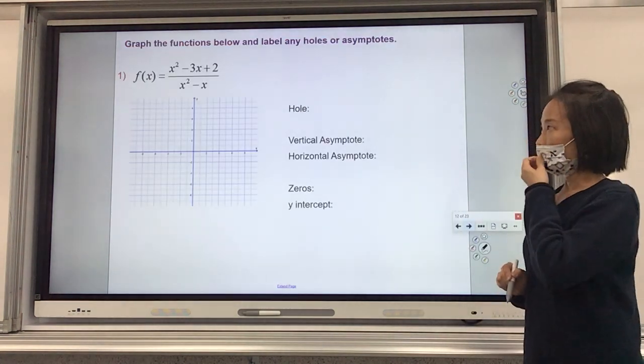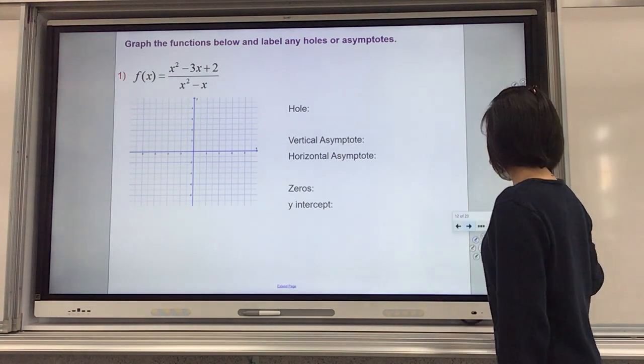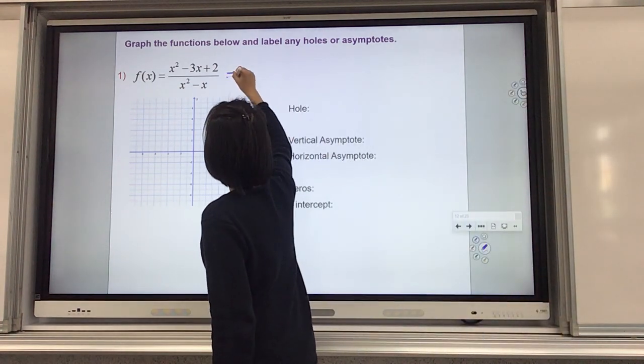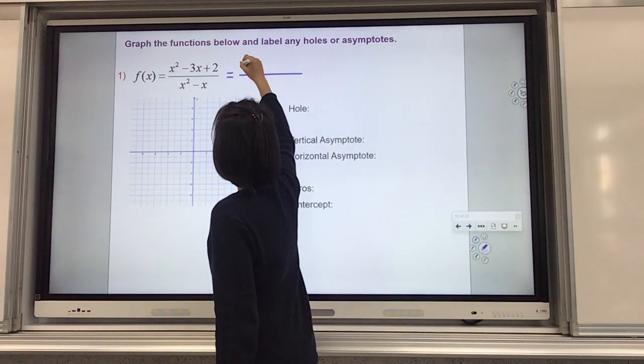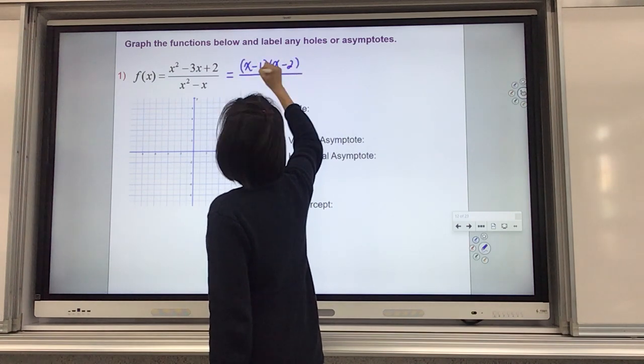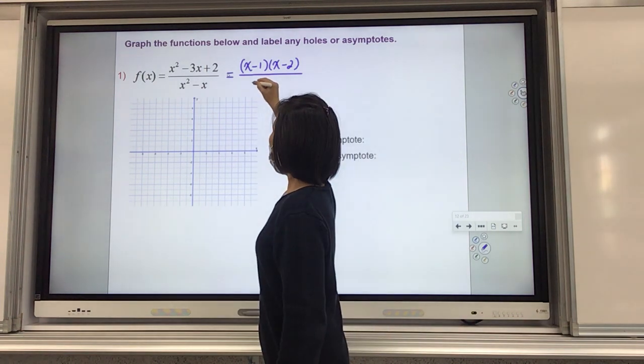Okay, let's use this one as an example. First step, factor. Let's take the x minus 1, x minus 2 as the numerator. Denominator, they both have x.